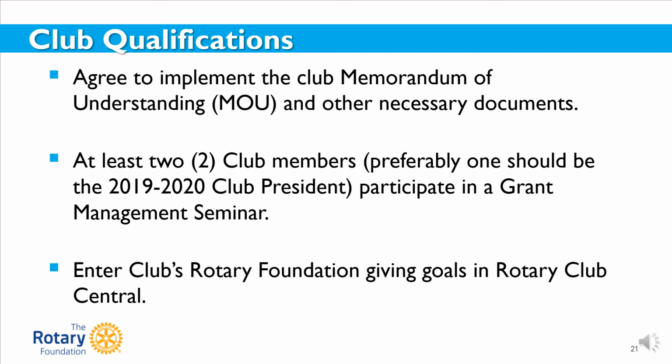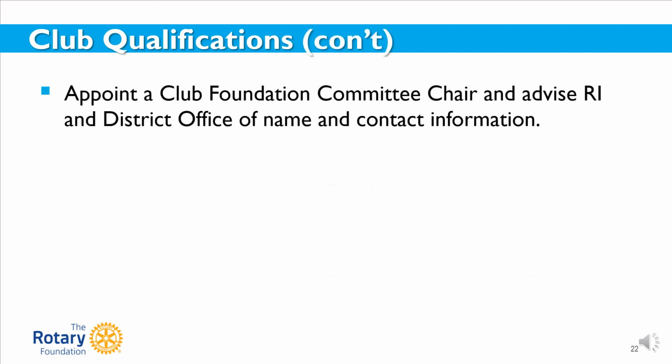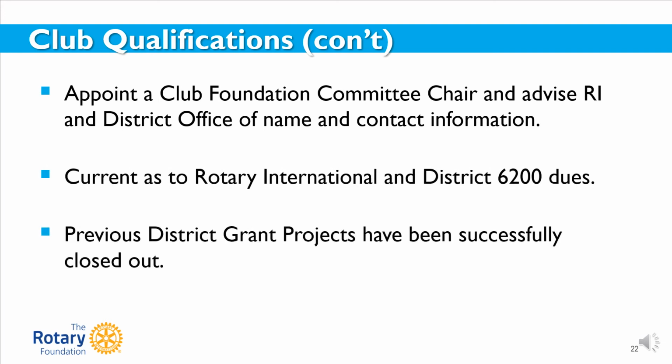To become qualified for this grant cycle, your club must agree to implement the club's Memorandum of Understanding, have at least 2 club members participate in a grant management seminar, enter the club's Rotary Foundation giving goals in Rotary Club Central, appoint a club foundation committee chair and advise RI and the district office of the name and contact information, be current as to Rotary International and District 6200 dues, and all previous district grant projects undertaken by the club have been successfully closed out.